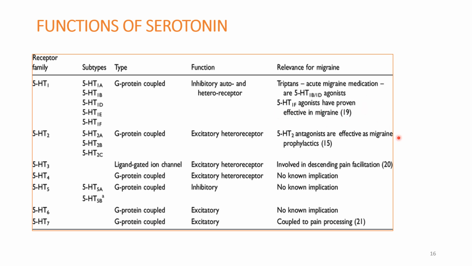They are proven to be effective in the treatment of migraine. And 5-HT2, they are G protein coupled receptors. They are excitatory. And 5-HT3, they are ligand gated ion channels. They are also excitatory, involved in descending pain facilitation. And all these are G protein coupled. Excitatory or inhibitory, no known implications present.